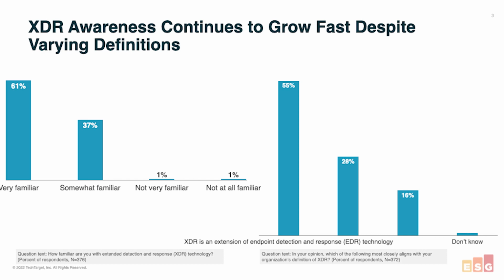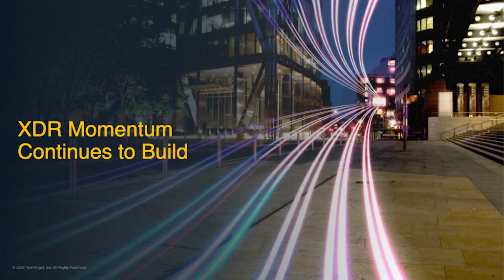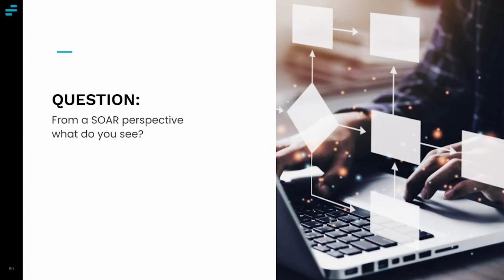But the point that you made about XDR getting coordination across the data sources and controls, doing consolidated analytics, providing some kind of process automation, so maybe even SOAR light, very light capabilities. That's kind of where I see it, and so from a SOAR perspective, and we're here to talk about operationalizing the data from those systems.